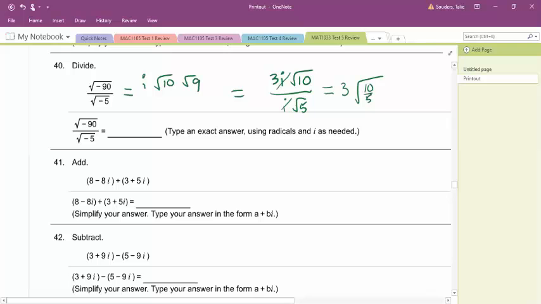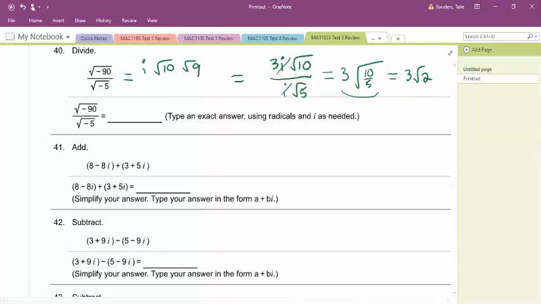But then 10 over 5 is actually what? 2. So I certainly would not expect anyone to write this step, but that's technically what you're doing, you're dividing them. You're using the quotient rule there. But yes, you can basically think, okay, I just divided the numbers. That's what you did. Good. So that would be your answer, 3 times the square root of 2.